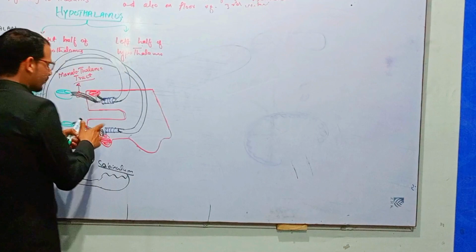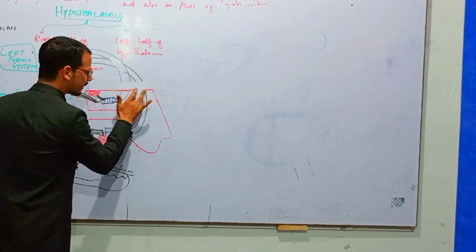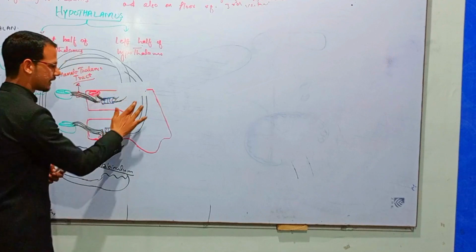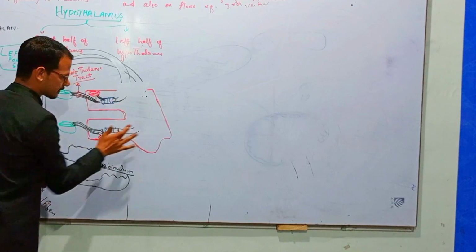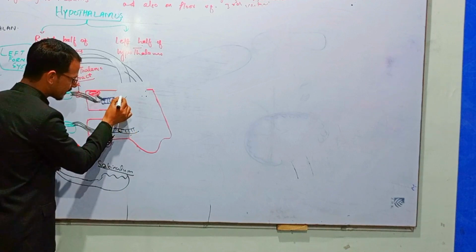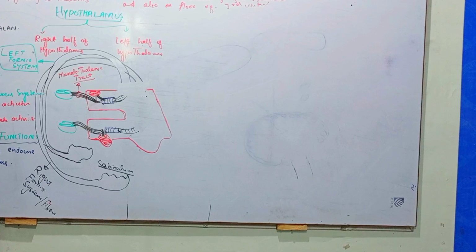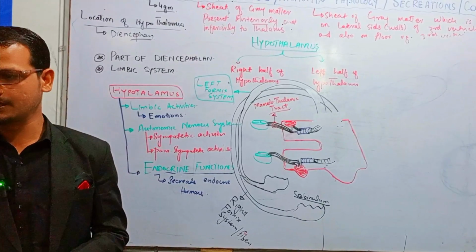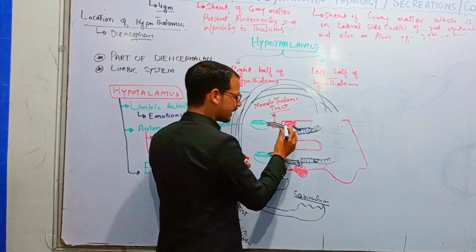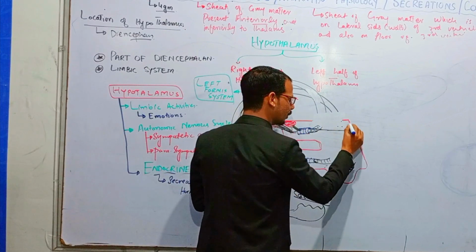So for example, I am now removing these fibers from here for easiness, like this, right? These are the right fornix fibers and these are the left fornix fibers, and they are entering into the hypothalamus by its center point. So this area, I am shading in blue.